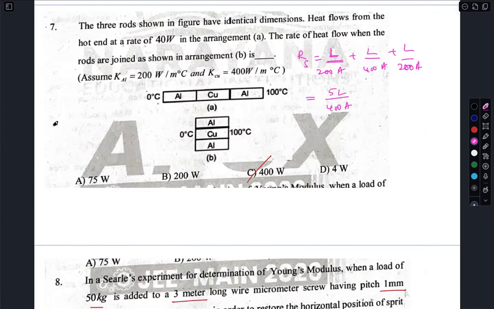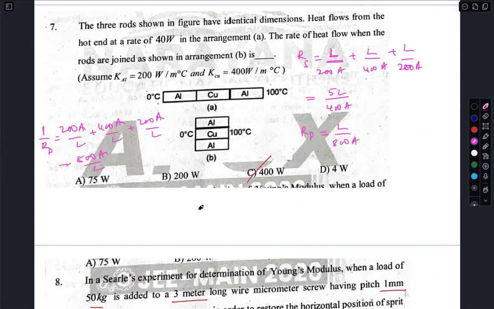Parallel, R parallel. 1 by R parallel, flip karo. Everything you flip it. 200 A by L, 400 A by L, 200 A by L. So 6 plus 2, 8. 800 A by L. Okay. R parallel is L by 800 A.